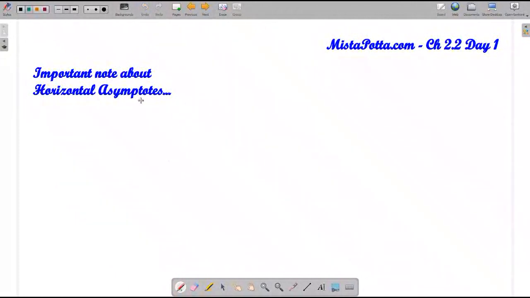These horizontal asymptotes occur when the degree of the denominator is greater than or equal to the degree of the numerator.